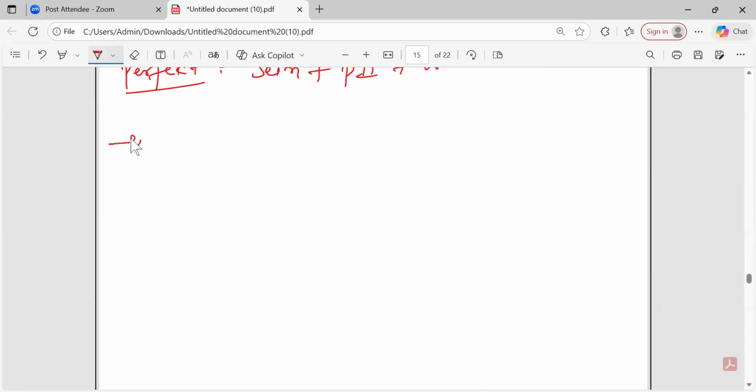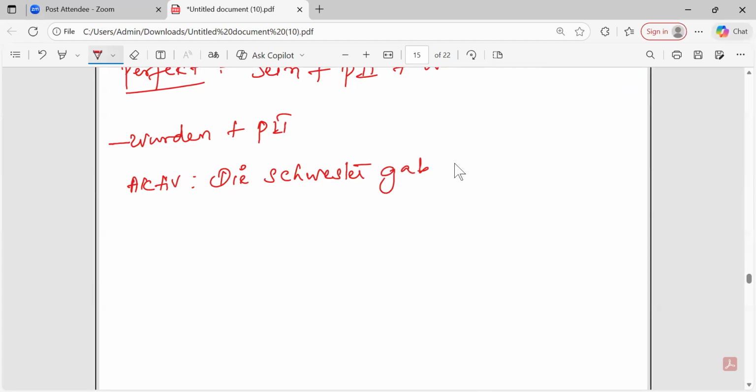So the second thing is Präteritum. In this Präteritum, we can use wurde plus participle. So for example, the active: Die Schwester gab dem Patienten ein Medikament.